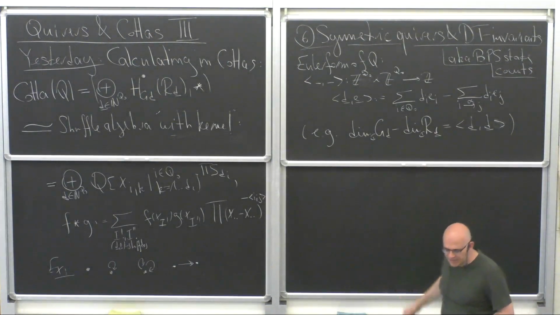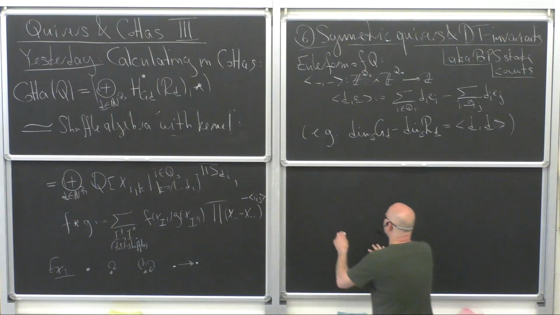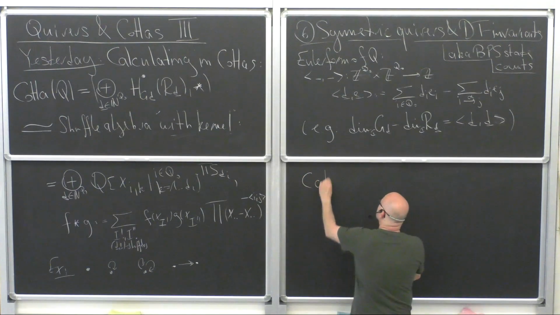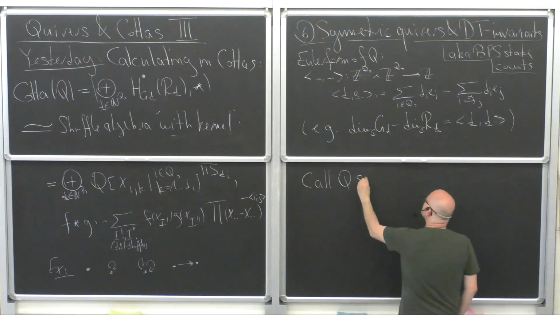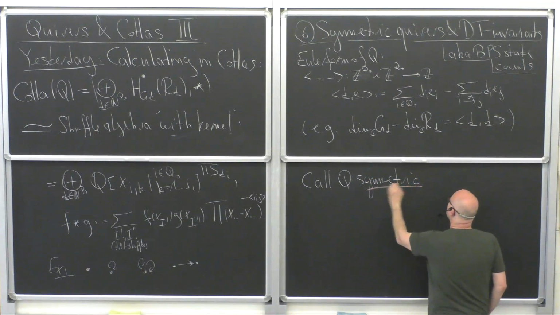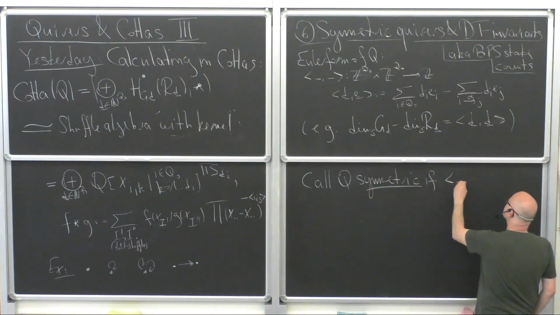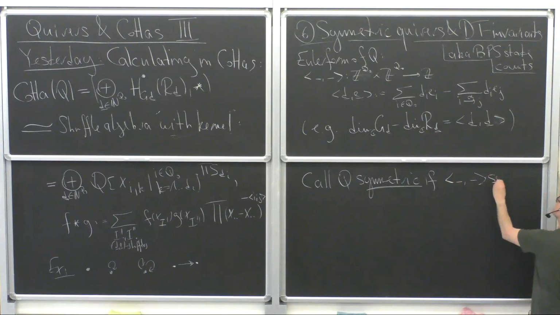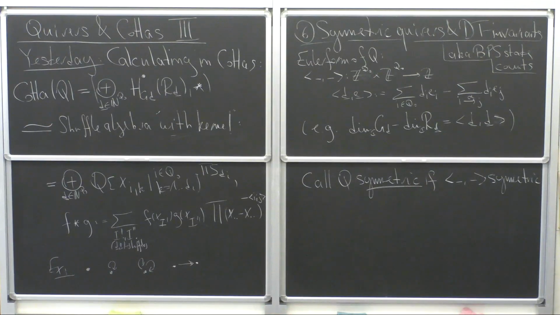All right. So we call the quiver Q symmetric if its associated Euler form is symmetric. And we will see why we really want this to happen for some things.